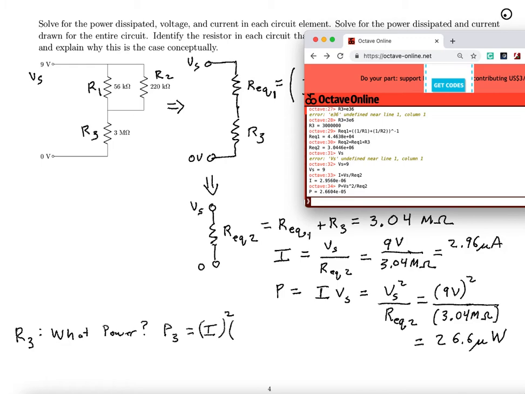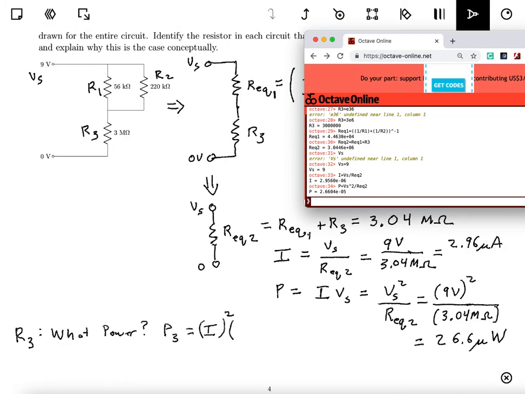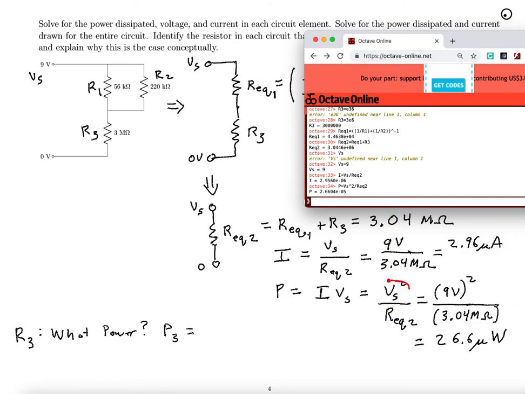Let's see how we want to do this. Let's go back a few steps. Use this form here, Vs squared over R equivalent. Except, no, we don't have the voltage yet. Yep, we'll need the voltage first.